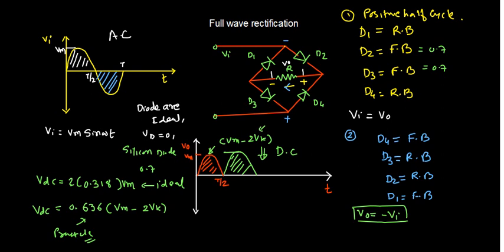Suppose it is silicon, so 1.4 volts will be removed from Vm and that becomes the new peak value, but it will not be greater than Vm. Okay, so this is all about full wave rectification, and that is particularly the circuit of a bridge rectifier.